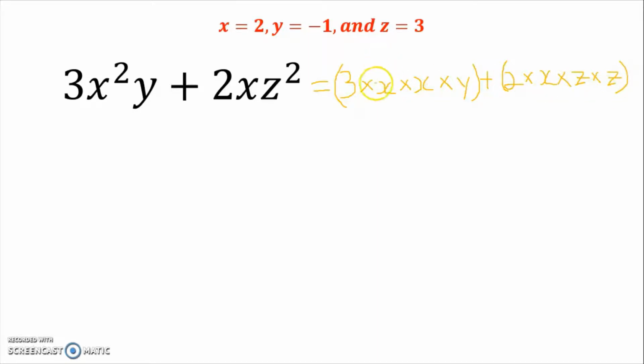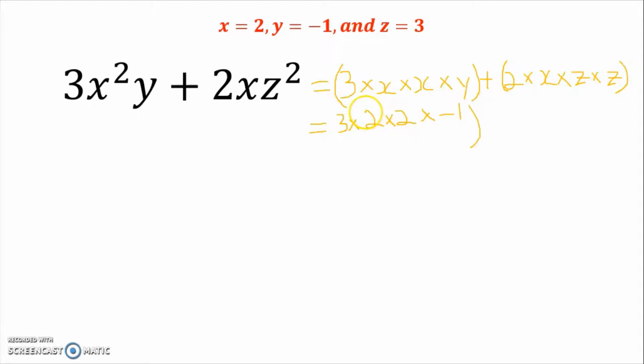Now let us substitute. We know that x equals 2, so we get 3 times 2 times 2, times y equals -1, so times -1.